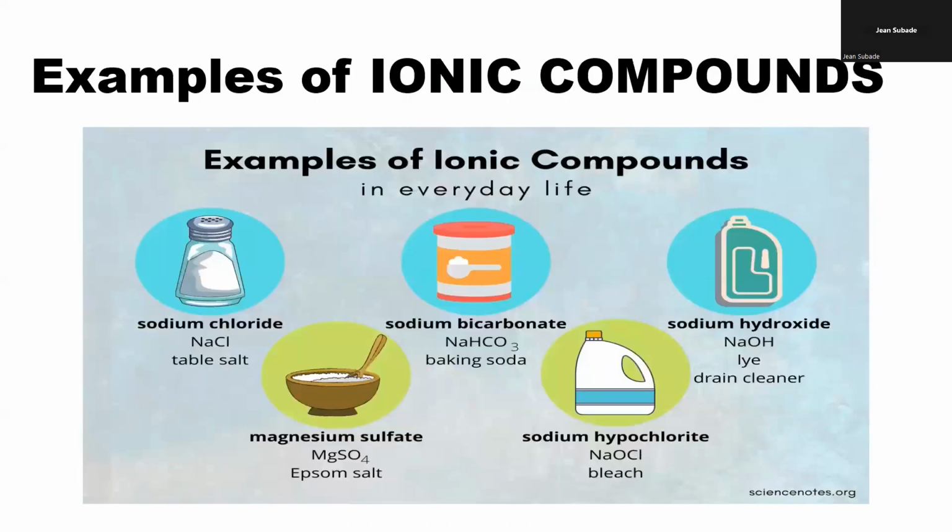In everyday life, you will encounter various ionic compounds, such as table salt or sodium chloride, NaCl; sodium bicarbonate, known as baking soda, NaHCO3; the drain cleaner, which is sodium hydroxide, NaOH; Epsom salt, or magnesium sulfate, MgSO4; and sodium hypochlorite, or bleach, NaOCl.